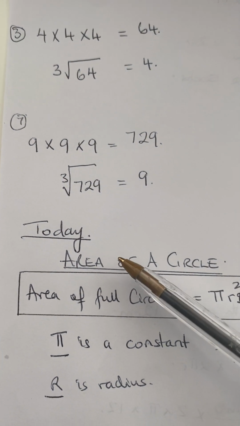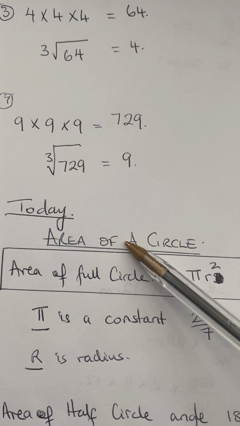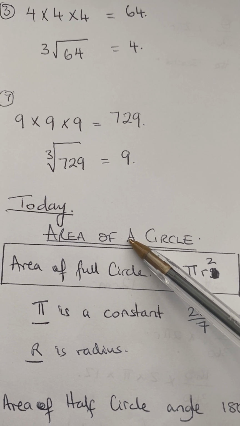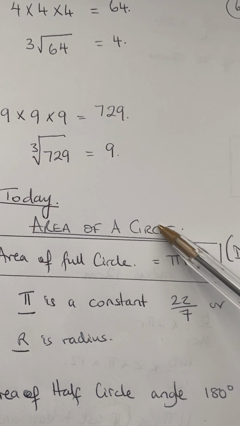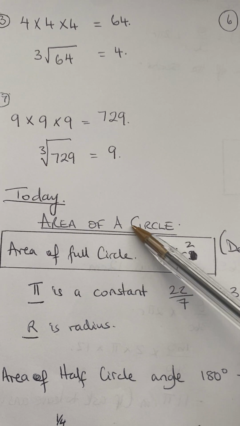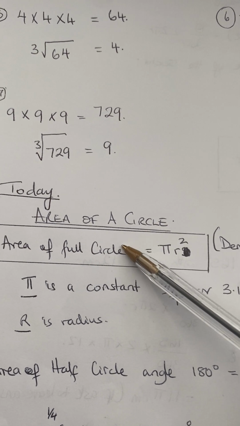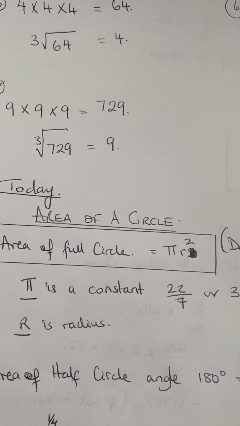Now today, we want to talk about the area of a circle. Okay, we are talking about the area of a circle, and that would deduce the formula for the area of the sector.